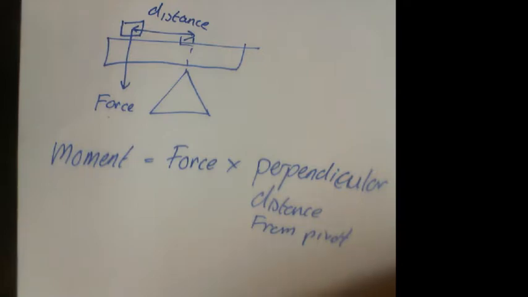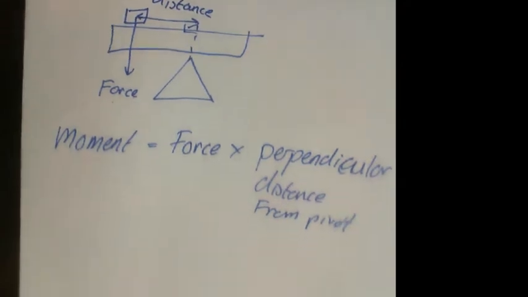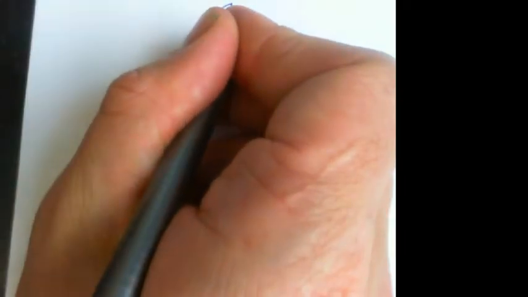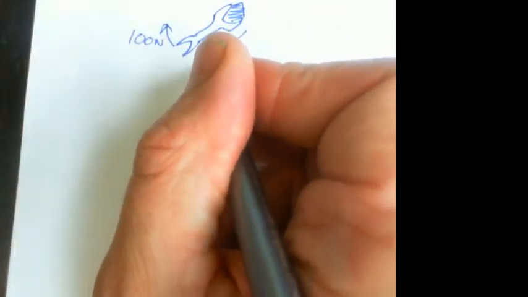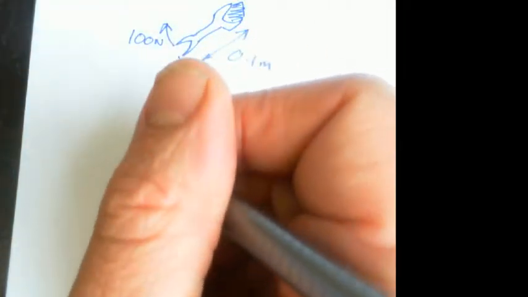Okay. And the main thing you need to understand about this is moments. So, for example, if I put a spanner which has only got a short handle, if I want to turn this nut and I give the spanner handle a force in that direction of 100 newtons and it is a distance of 0.1 meters, so my perpendicular distance is 0.1 meters.